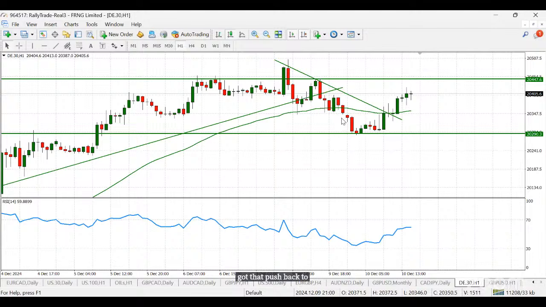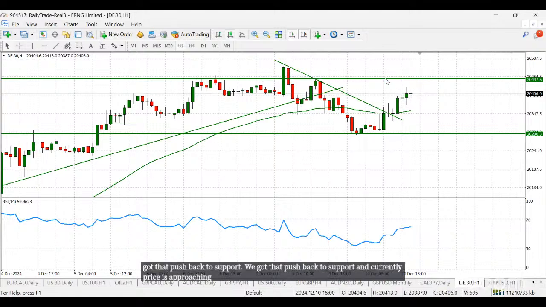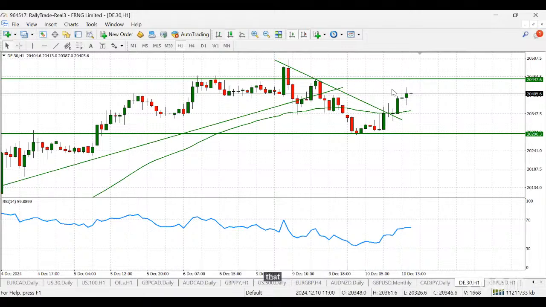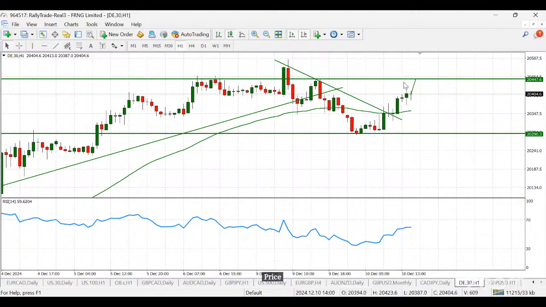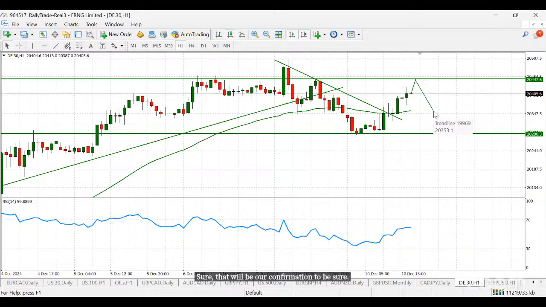And currently, price is approaching that same resistance. So if eventually price hits the resistance, we wait for a bearish reversal pattern at that resistance. And then that would be our confirmation to short.